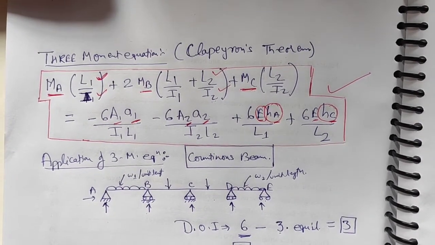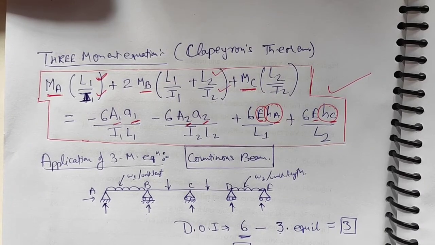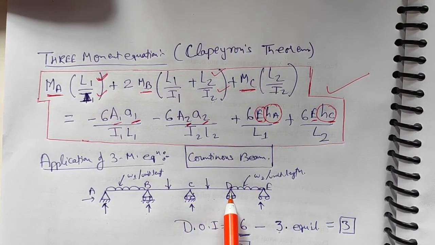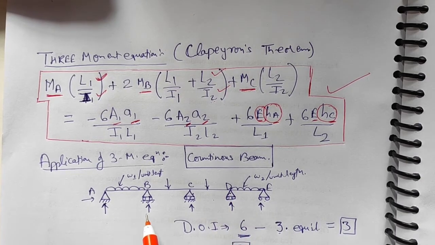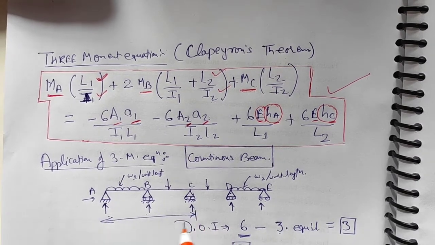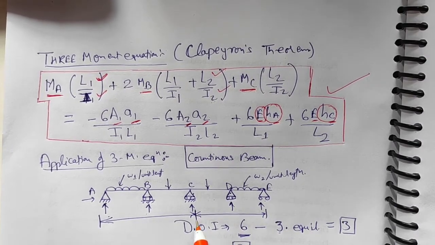Hence, we need 3 more equations based on the compatibility conditions, for which we can consider a slope continuity condition at the supports B, C and D, or we can simply apply the three moment equation and consider the portions separately, as this portion as first and the remaining as this.